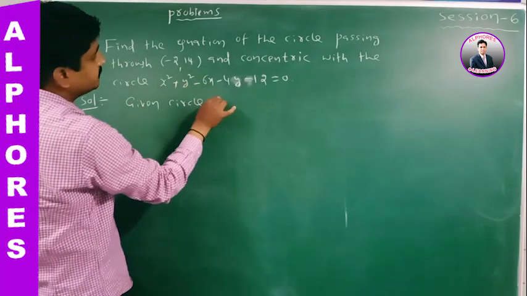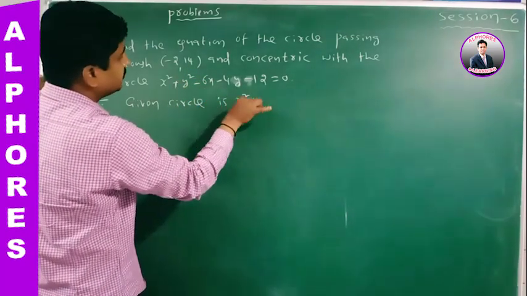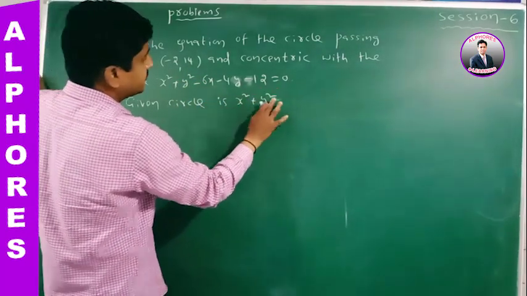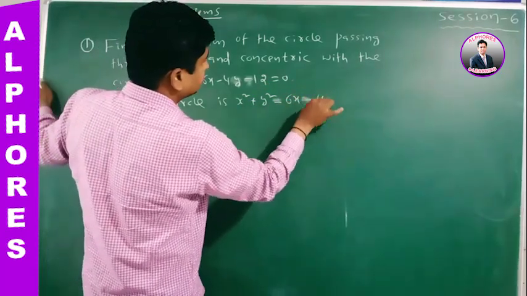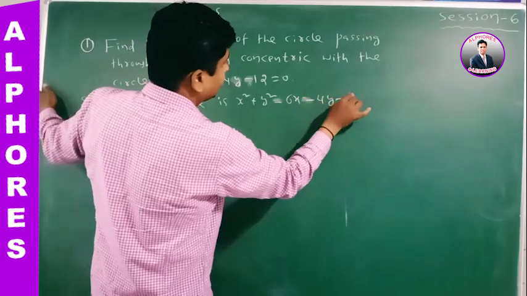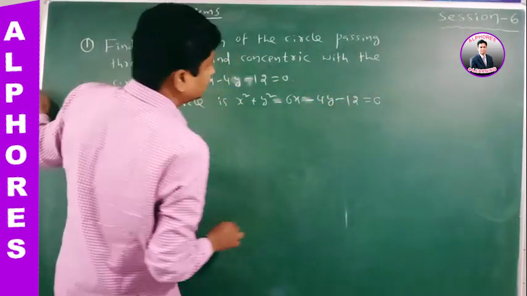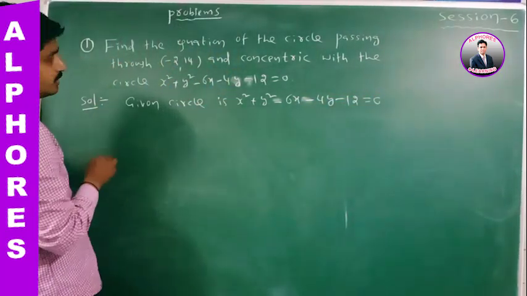The given circle is x² + y² - 6x - 4y - 12 = 0.